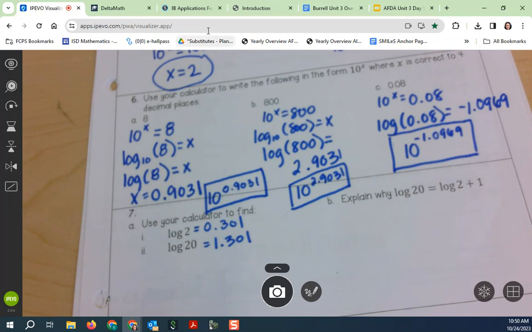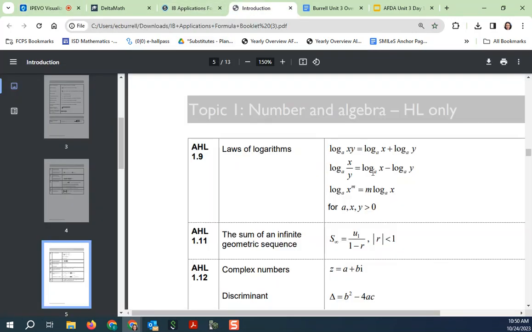Since I have addition, that would mean it's the first one. It says if you have the sum of 2 logs with the same base, it can be rewritten as a single log of the product of those 2 things.